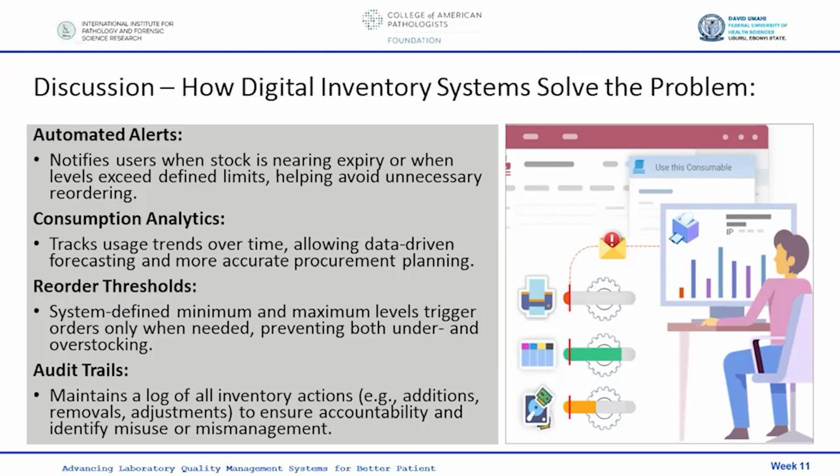Audit trails maintain a log of all inventory actions, for example additions, removals, adjustments, to ensure accountability and identify misuse or mismanagement. So you know what happened to the stock. You know when there is a removal, you know when more is added, you know when other adjustments are made, just to make for accountability.